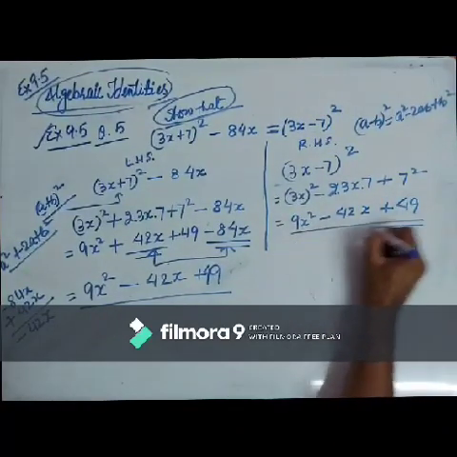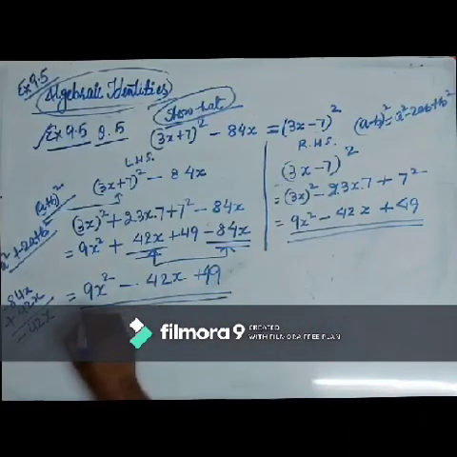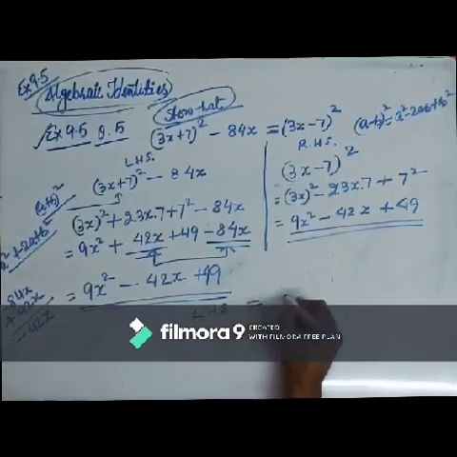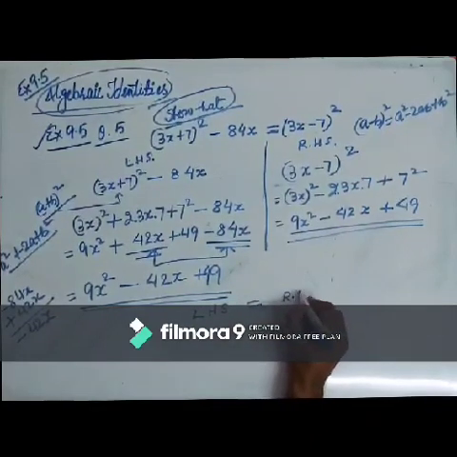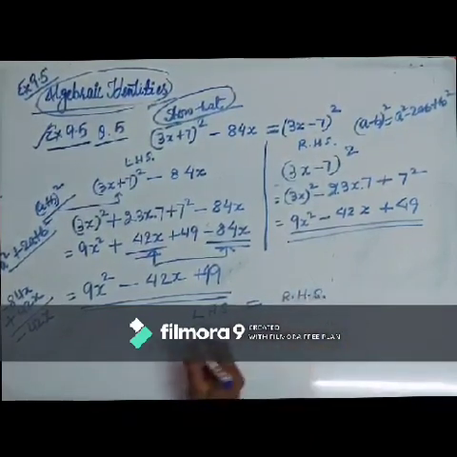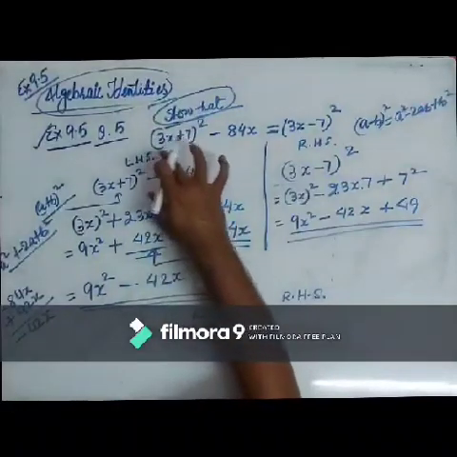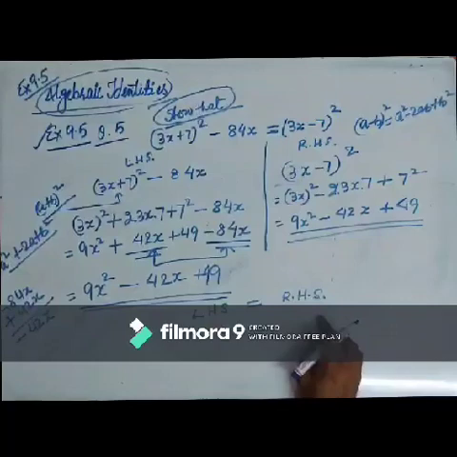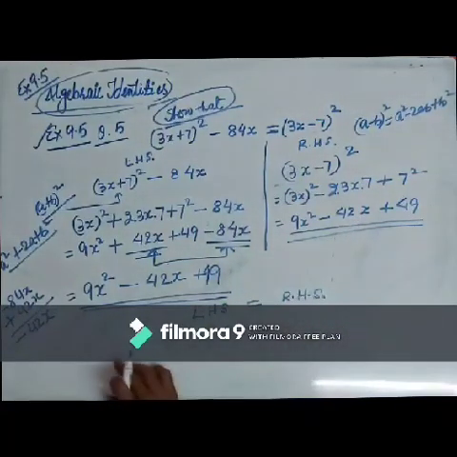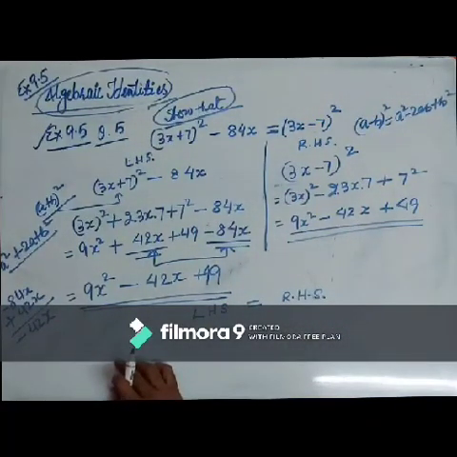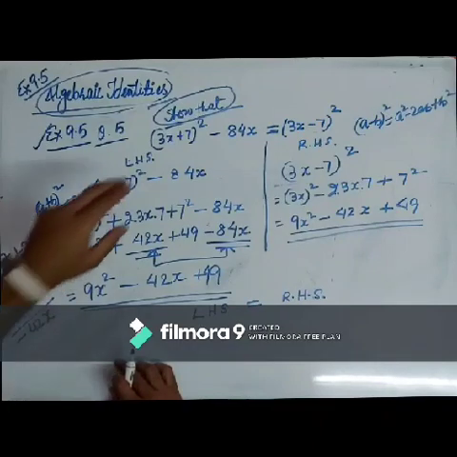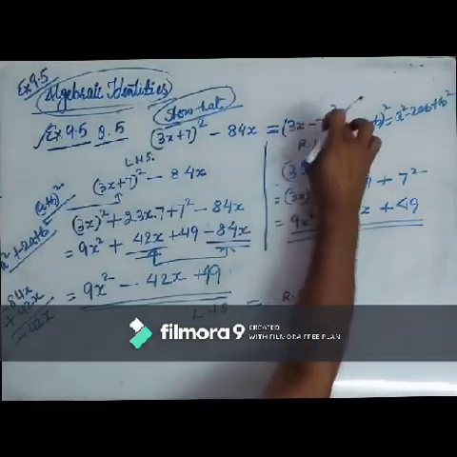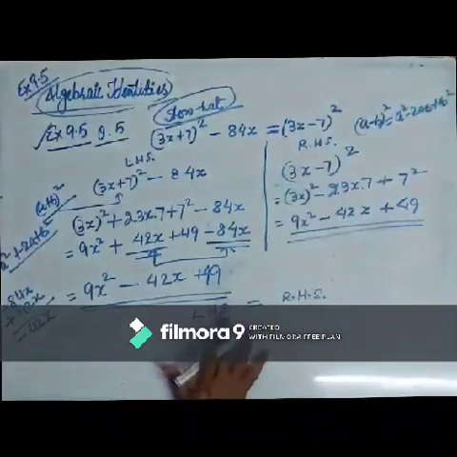So all these three terms are resembling with these three terms. So what do we have? Left hand side is equal to right hand side. So it is verified that the whole of the polynomial in left hand side is equal to the right hand side, which proves that (3x + 7) whole square minus 42x is equal to (3x − 7) whole square.